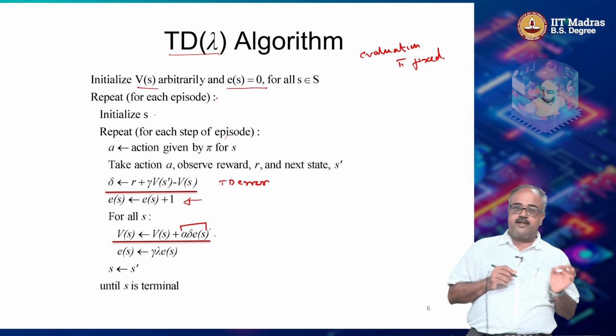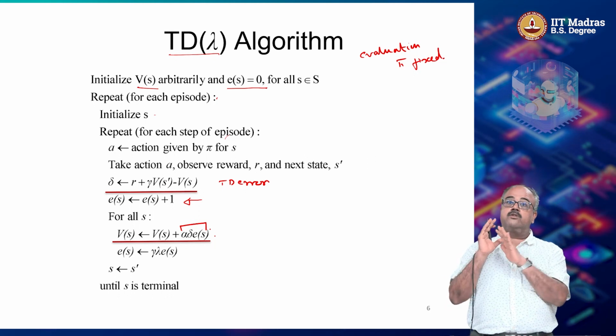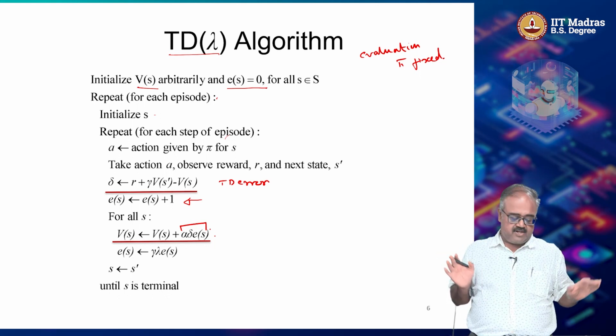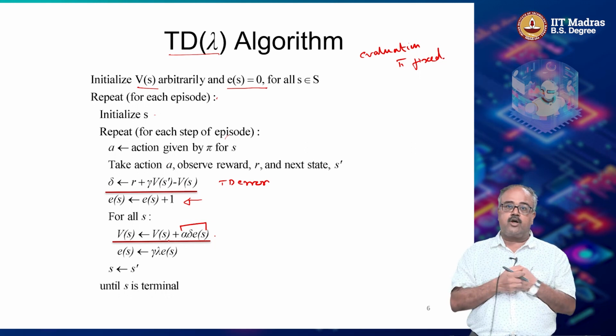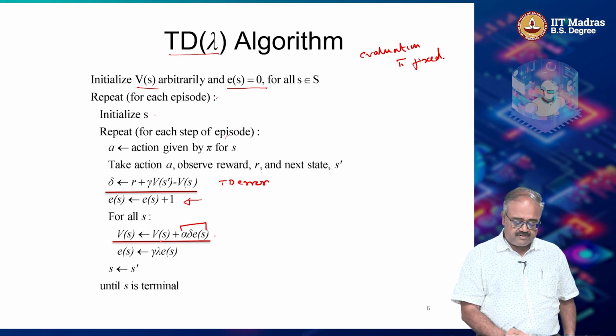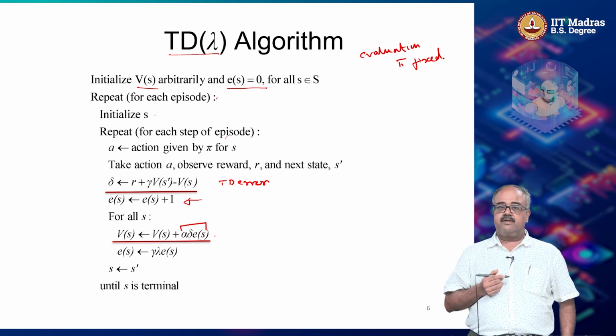Update the value function using alpha, which is the step size, times delta. The normal TD0 update just stops with alpha times delta: V of s equals V of s plus alpha delta is the normal TD update. But here you use V of s equals V of s plus alpha delta E of s, where E of s is the eligibility of the state.